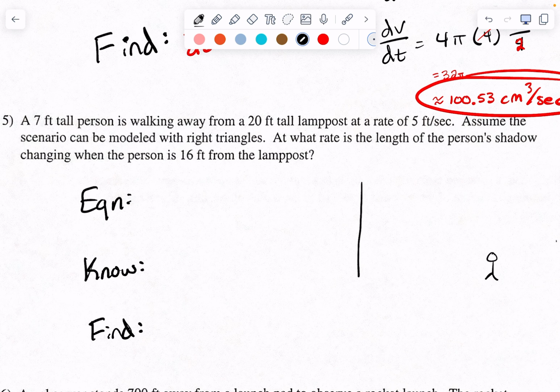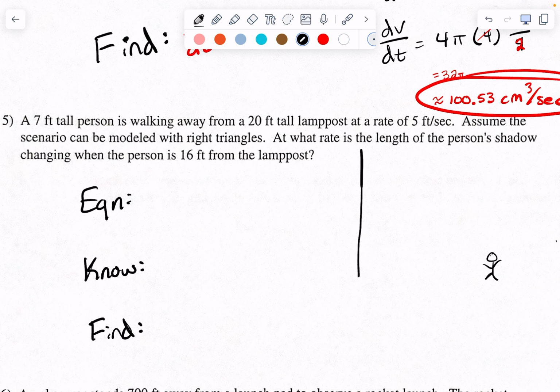That's not to scale, whatever. Assume the scenario can be modeled with right triangles. At what rate is the length of the person's shadow changing when the person is 16 feet from the lamppost?